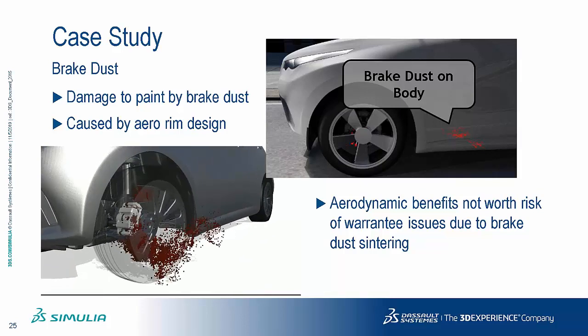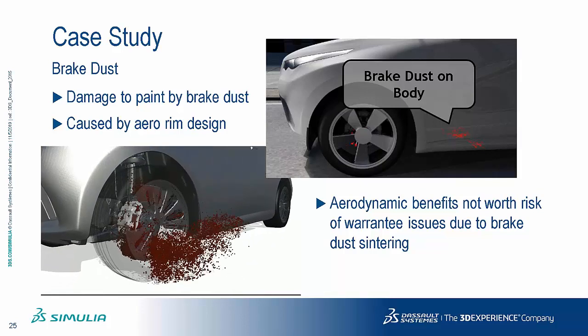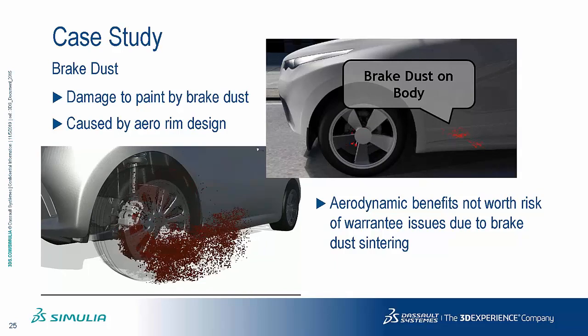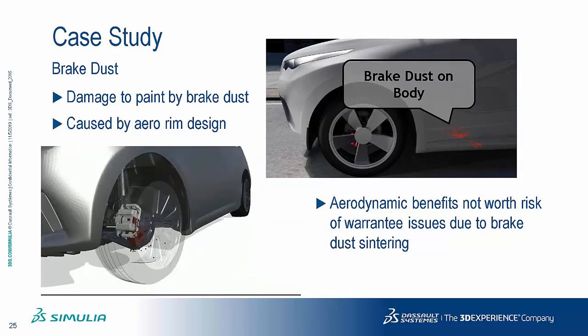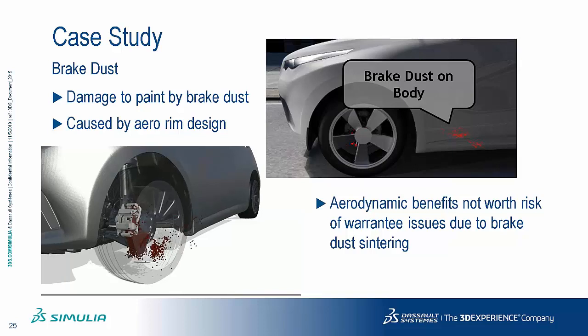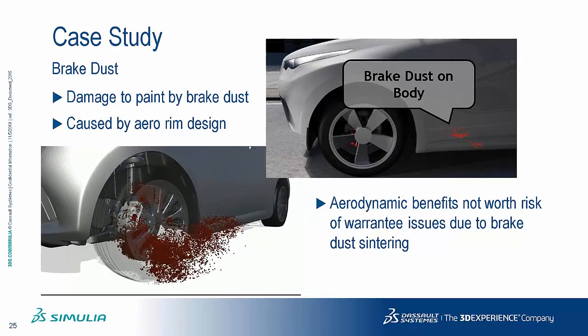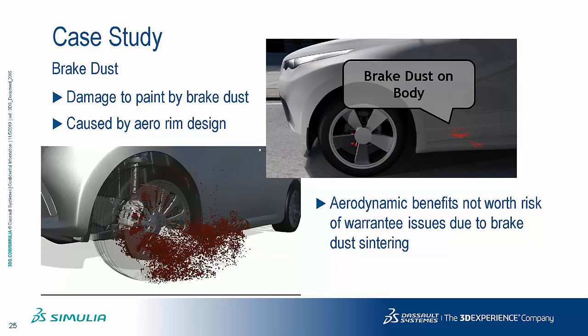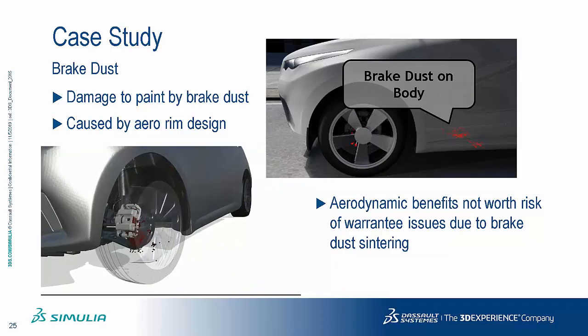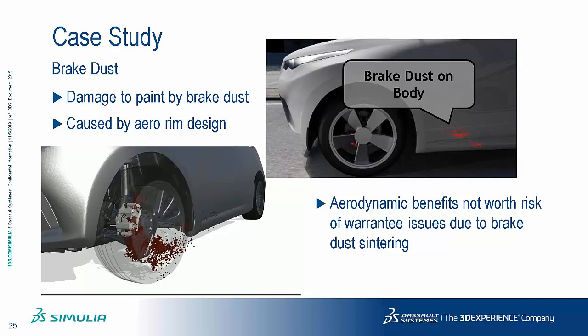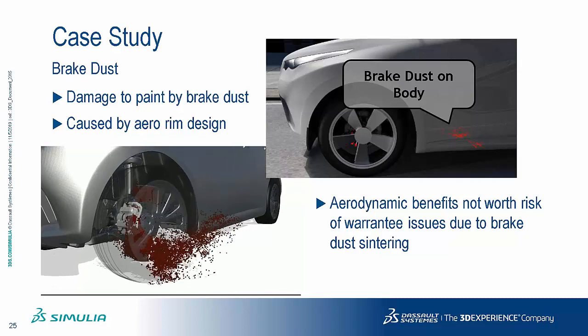So you can see kind of here what we're doing is we're emitting the particles from the contact patch of the brake, and then we're able to track them through. You can also do things like looking at vacuuming systems for trying to collect that dust and make sure that it doesn't get released into the surroundings.